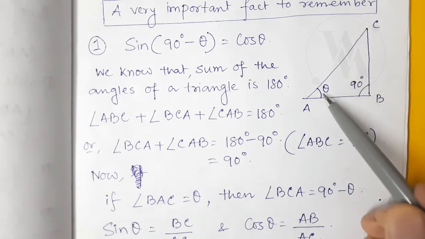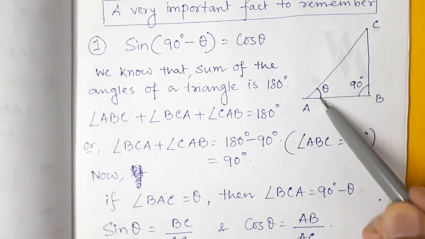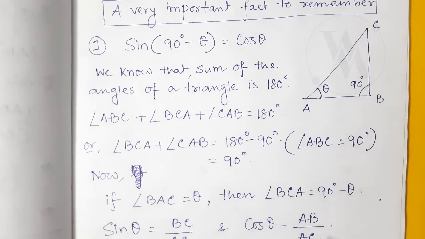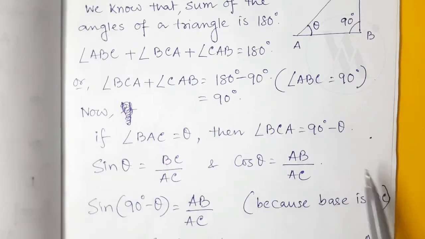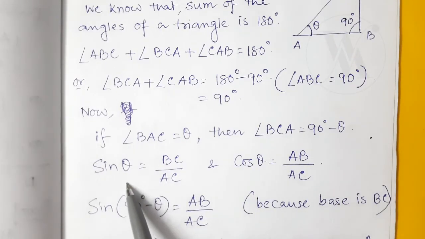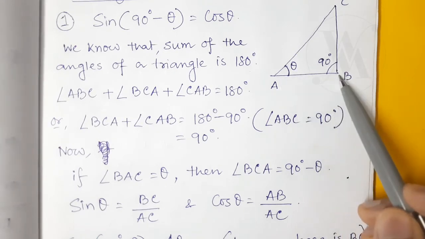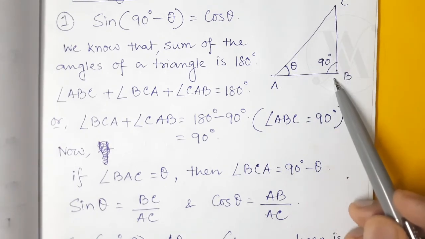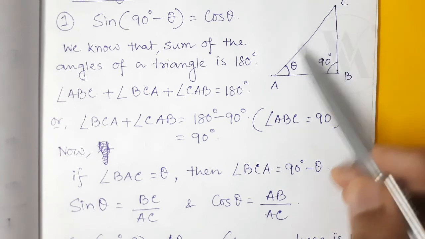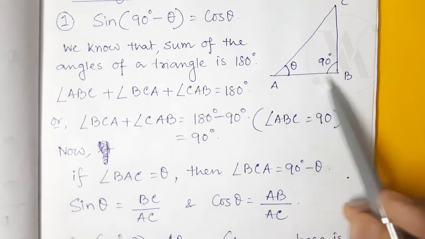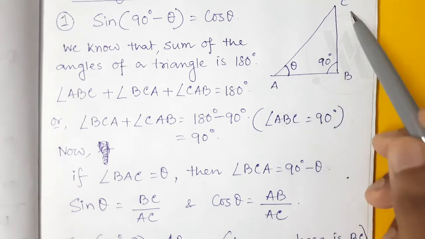So if this angle is theta, then this angle will be how much? 90 minus theta, because of this equation, isn't it? So sine theta, that means sine of this angle, is perpendicular by hypotenuse, that means BC by AC. And what is cos theta? Base by hypotenuse, so AB by AC.